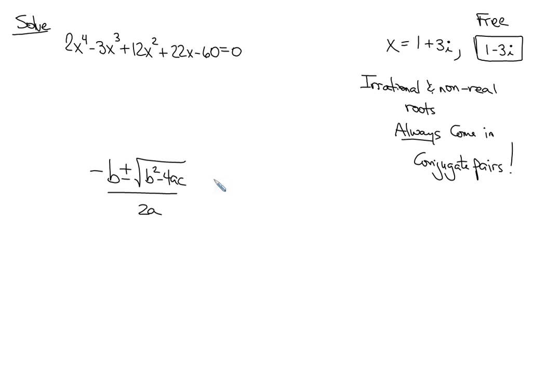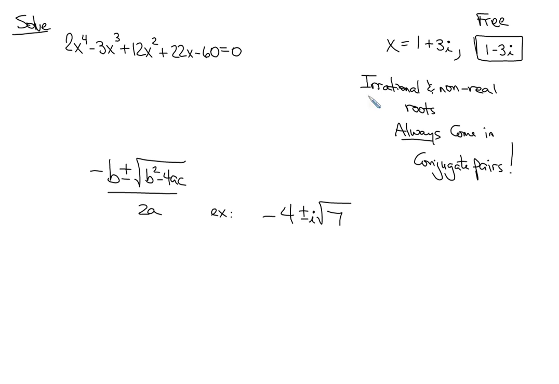So, for example, you might get something like negative 4 plus or minus the square root of 7. Notice you get negative 4 plus root 7 and negative 4 minus root 7, right? If this was negative 7, then there would be an i in here, and you'd get negative 4 plus i rad 7 and negative 4 minus i rad 7.